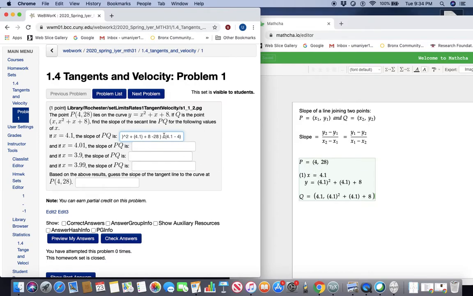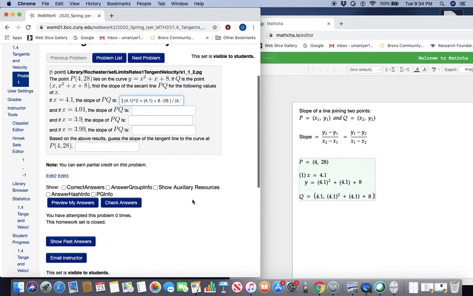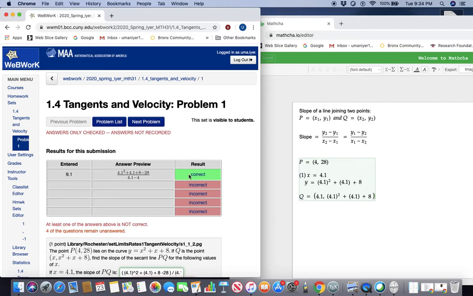Because I'm allowed infinitely many resubmissions, let me check whether this works. Yes, it works. Okay, so it did this and it calculated. All right, make sure the expression looks exactly as you want. y2 minus y1 over x2 minus x1.